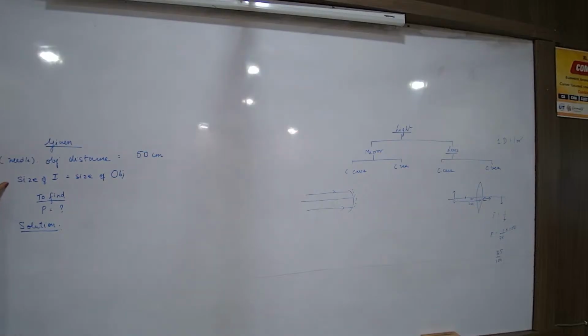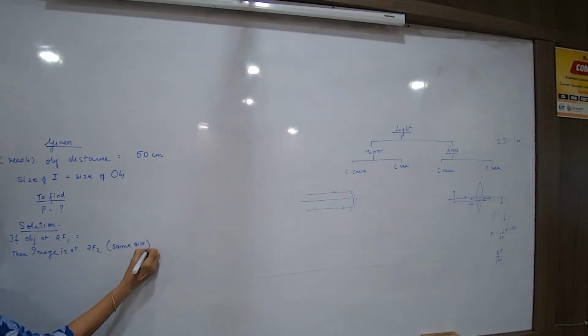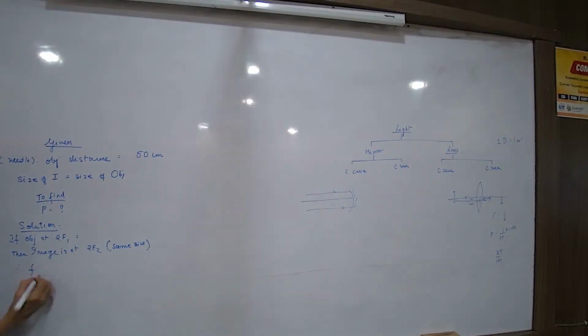If the object is at 2F1, then the image is at 2F2, and it is of the same size. Therefore, your focal length is equal to half the radius, R divided by 2.